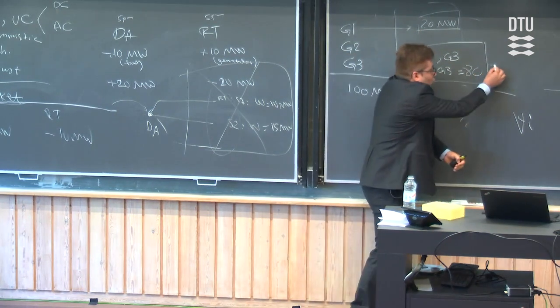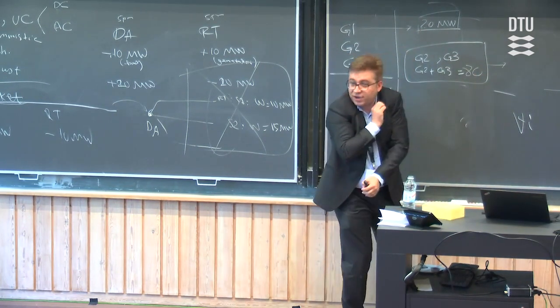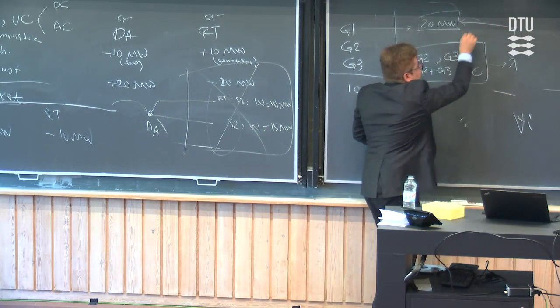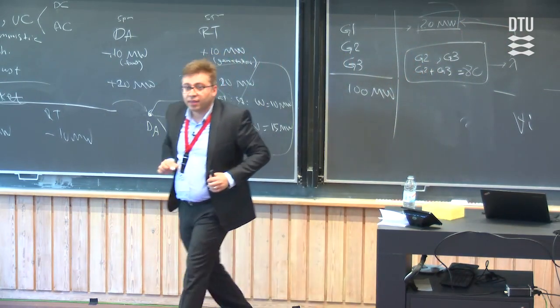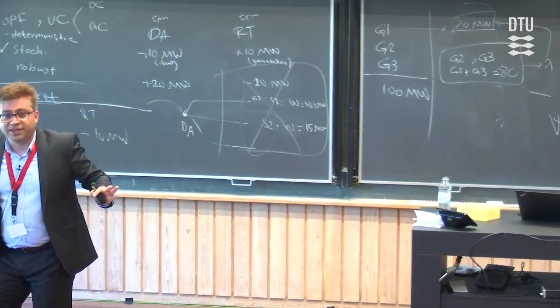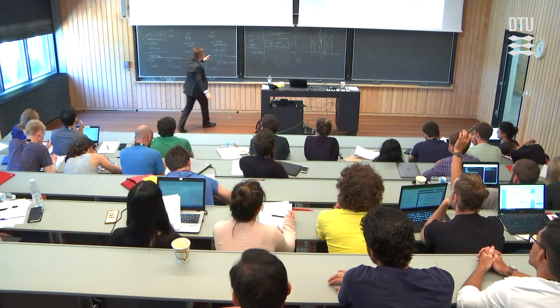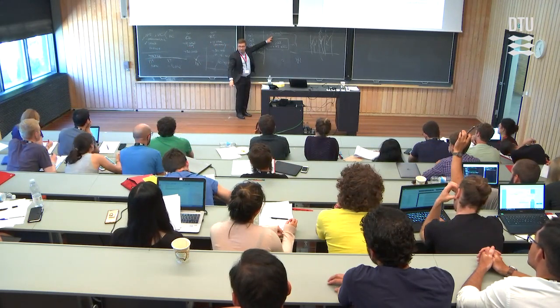Market price. So now we can derive the market price, lambda, and at this price, this guy will be paid. It's very complicated, huh? So G2 makes its own decision outside the market.